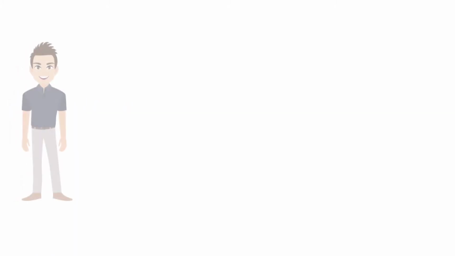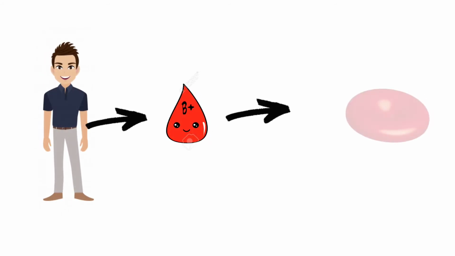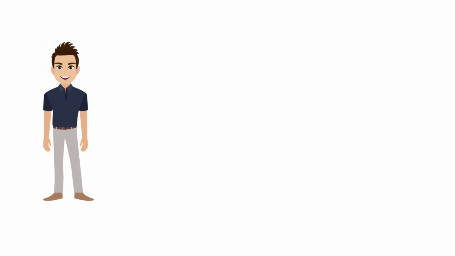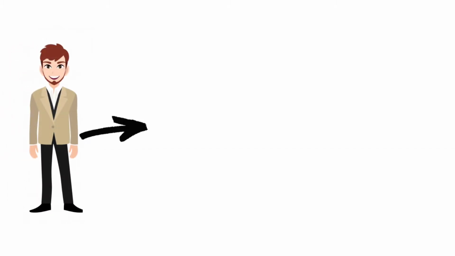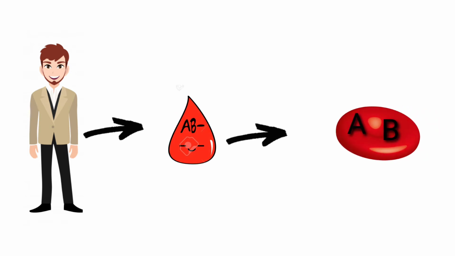For example, if a person's blood group is B positive, then his RBC surface has antigen B and also antigen D because of the positive sign. Another example: if a person's blood group is AB negative, the RBC surface has antigen A, also antigen B, but not antigen D because of the negative sign.